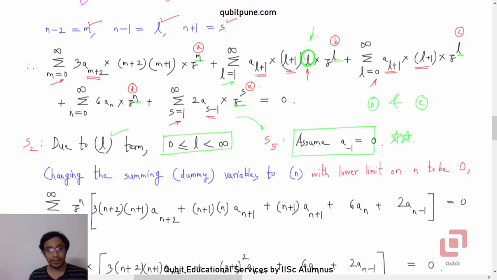So now it's the right time to change the summing dummy variables back to n. So n is going to be our new summing variable, and lower limit on n has to be 0, and that's why we did all the things that we did in the previous step. Which is now going to result into this particular infinite series.